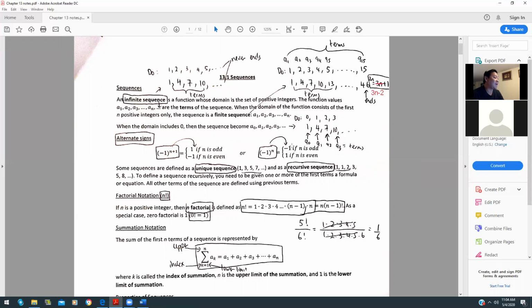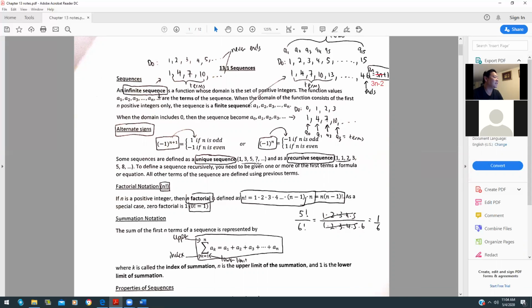But if you start from negative, then positive, then negative, then positive, it is (-1)^n. So this is the alternating sign. And then we have a recursive sequence. A recursive sequence is a sequence that uses previous terms. It usually has a formula or equation given to you, and that's why we call it recursive. You will get some examples coming up.